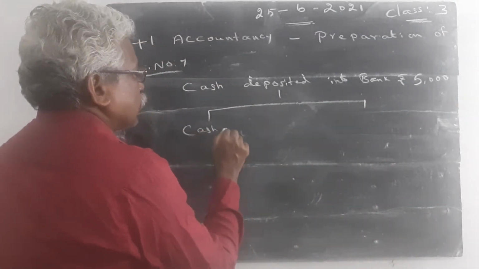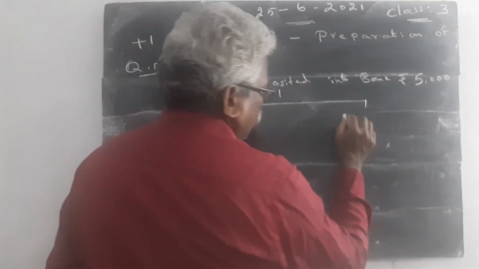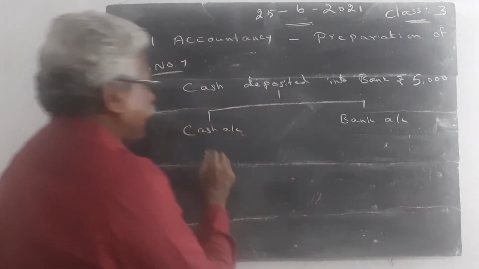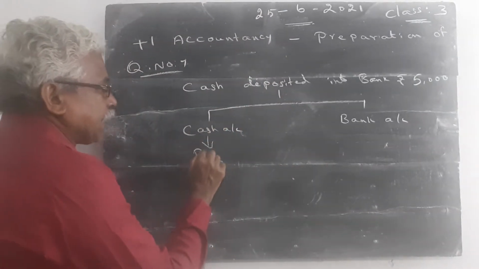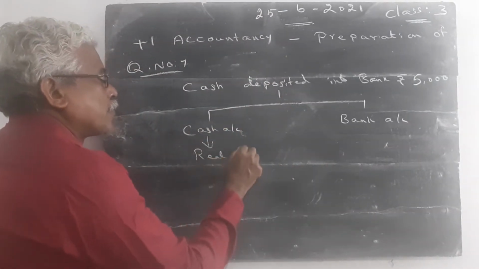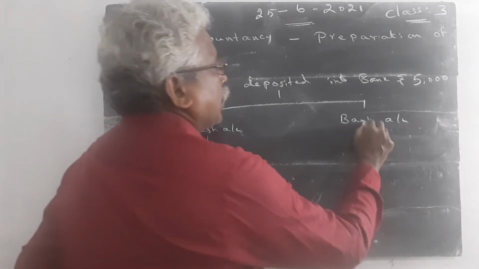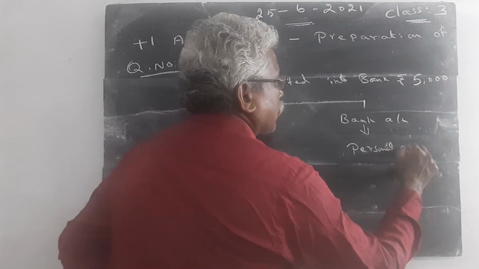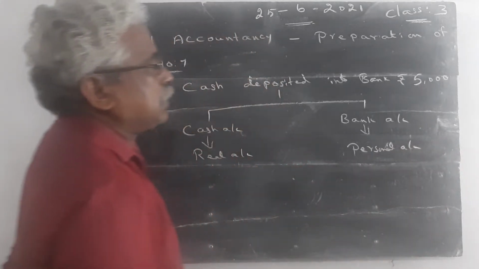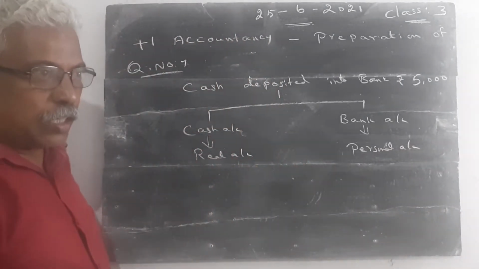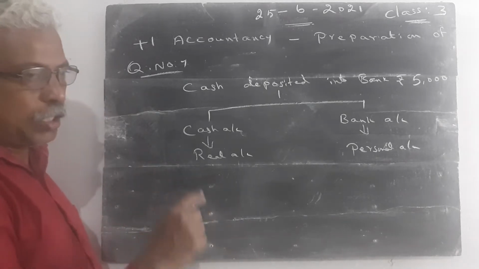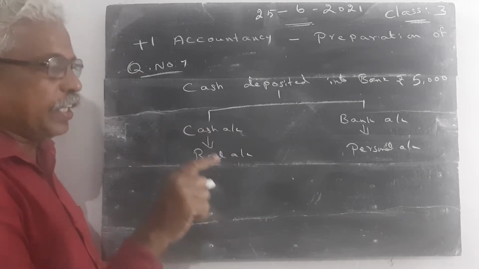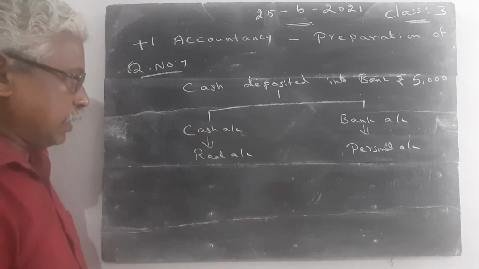Number 1, cash account, and number 2, bank account. Cash account is a real account. Bank account is a personal account. Bank means State Bank of India or Indian Overseas Bank or Tamil Nadu Mercantile Bank. Any account named after an institution is also considered a personal account.